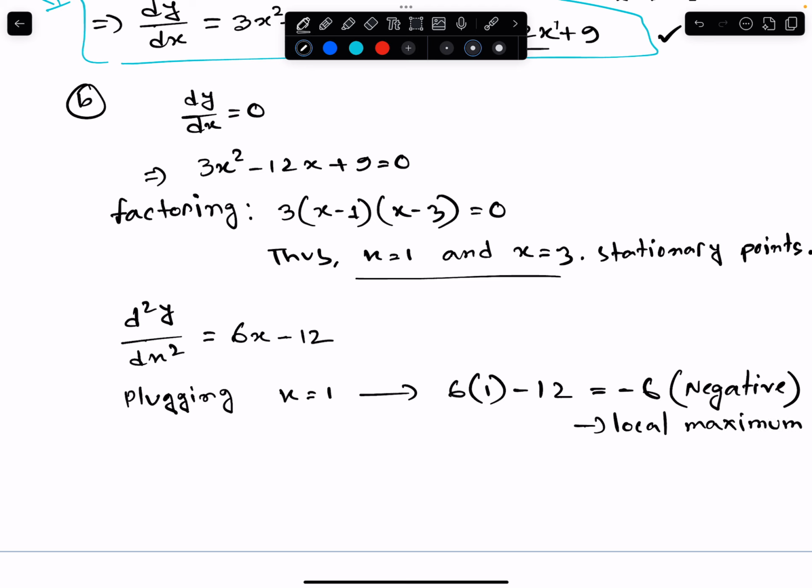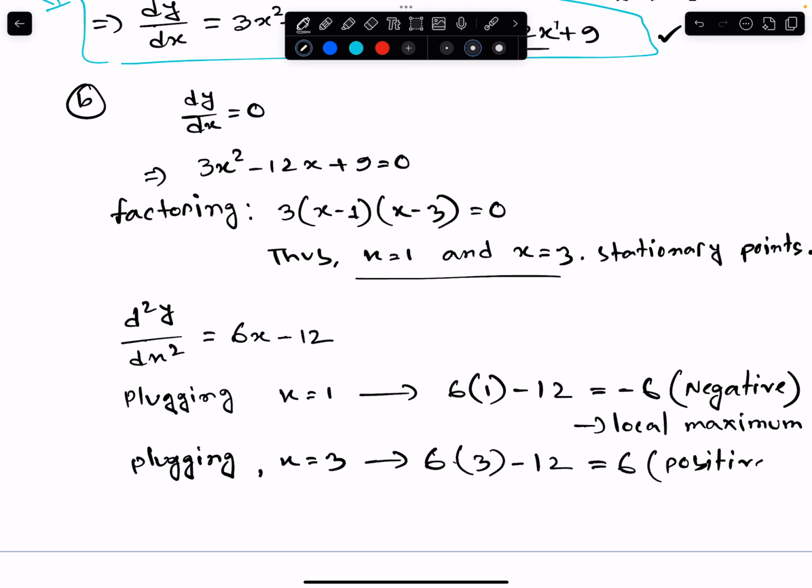Let's plug in our second value. Our second value of x is 3. Put it into the second derivative: 6 times 3, take away 12 is positive 6. So it's positive, and if we get a positive value, we get a local minimum.